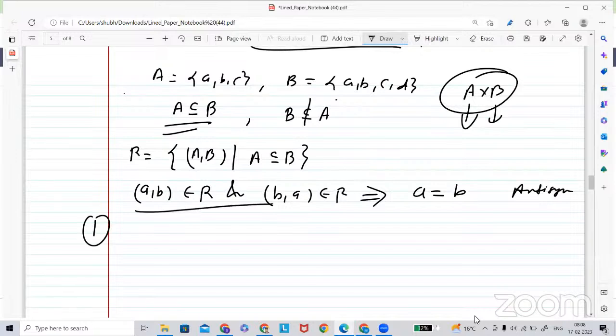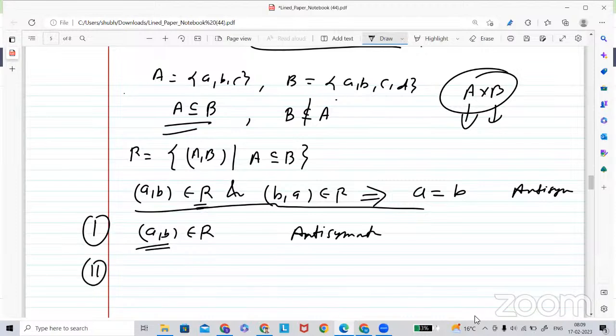The first case: if AB is in the relation, only AB is there and there is no BA for any element. There is no such case happening. If AB is there in general, in that case also it is going to be antisymmetric.